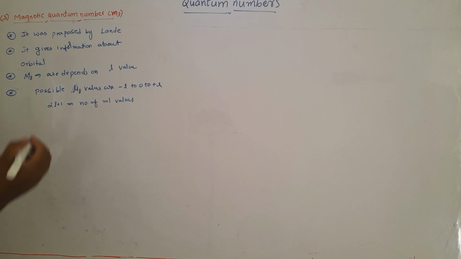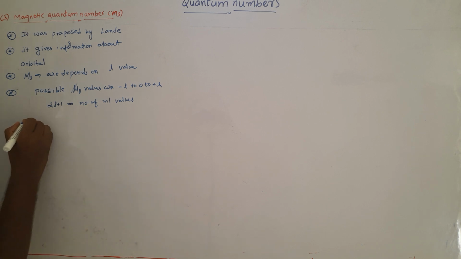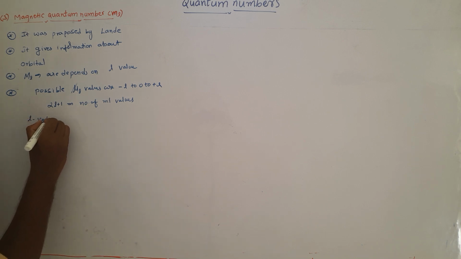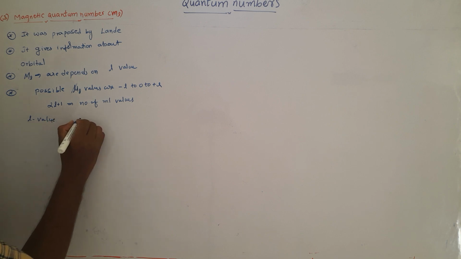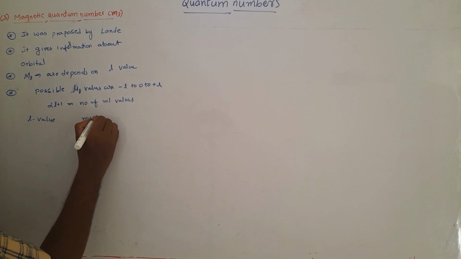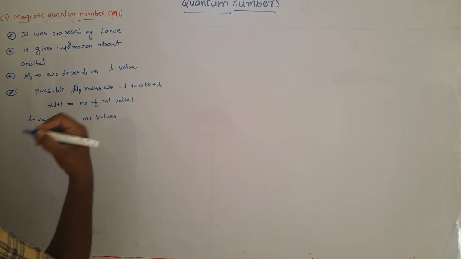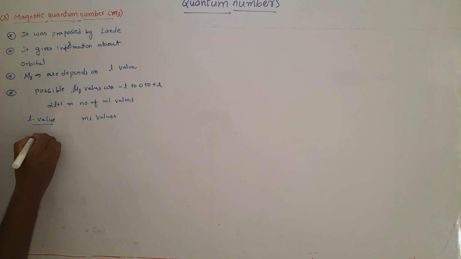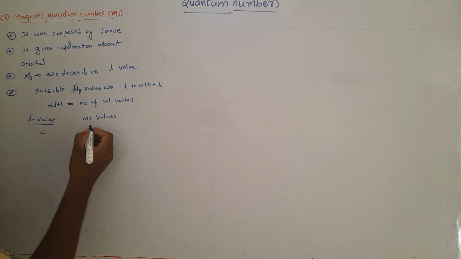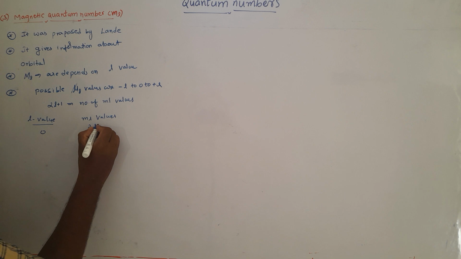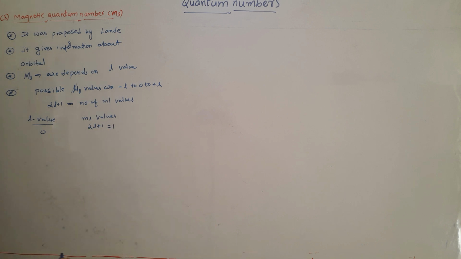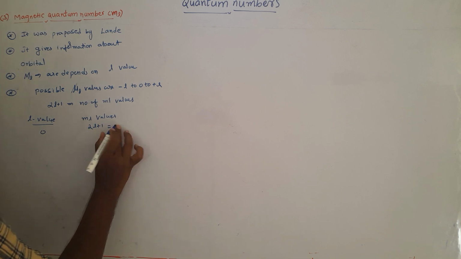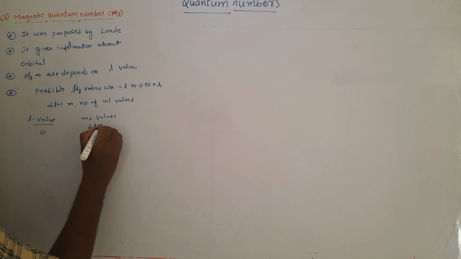So for example, L value and ml values. First, the L value we start with is 0. The ml values possible are according to the 2L plus 1 formula.